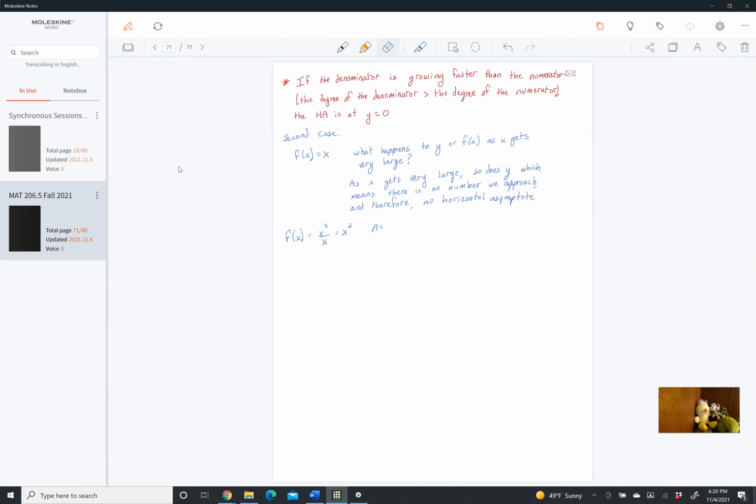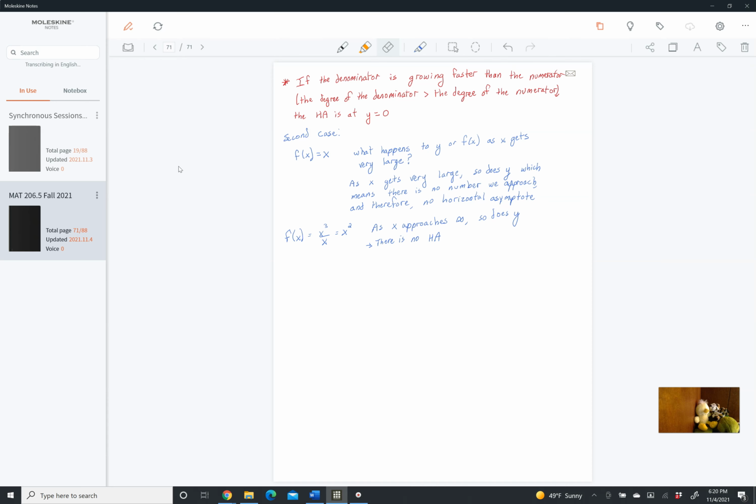And here, as x approaches infinity, so does y. So there is no horizontal asymptote once again. Okay, the idea of a horizontal asymptote is that our y values are approaching a number. If they're not approaching anything, then there is no horizontal asymptote.